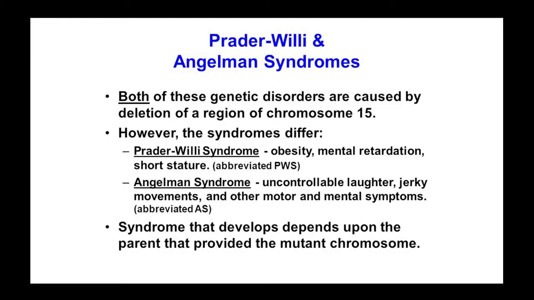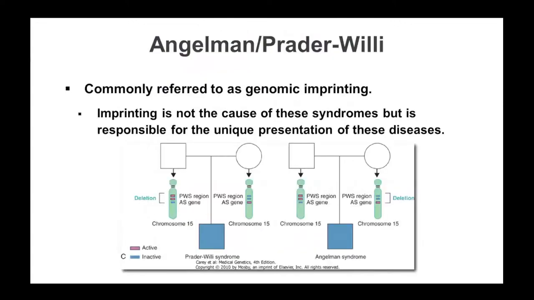The syndrome that develops depends upon the parent who provides the mutant chromosome. Angelman and Prader-Willi syndromes are commonly referred to as genomic imprinting. Imprinting is not the cause of these syndromes, but it is responsible for the different presentation of the disease.